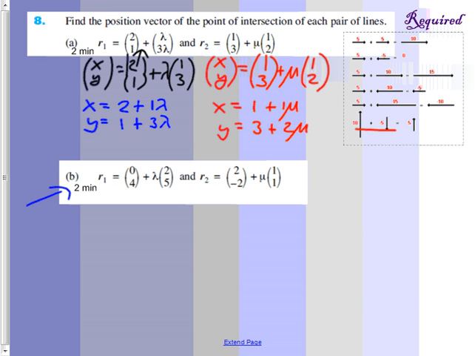Now, does somebody see why I wrote them in parametric form? Because the x's are the same as each other, and the y's are the same as each other. You might say, why are the x's the same as each other? Because there's only one place where x is. If you can get them to both go through the same point, the x is the same as each other, and the y will be the same as each other.